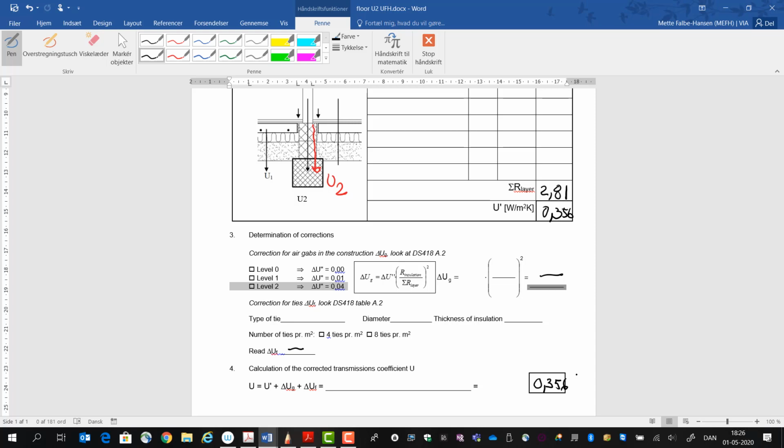Now we have to find what is the linear loss that we have here, psi k, and that we need to look up in DS418.